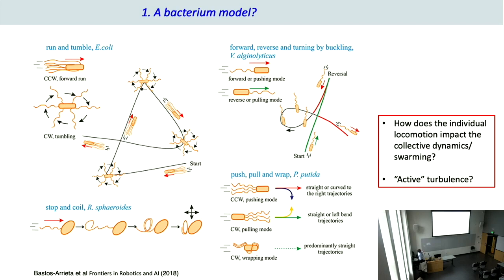Bacteria swim in all sorts of different patterns, but the most common one is run and tumble. They run for a while and then they tumble, they randomly reorient, and then they run again, and so forth. The big question in bacterial self-organization is, does the collective dynamics depend at all on the pattern of the random walk?